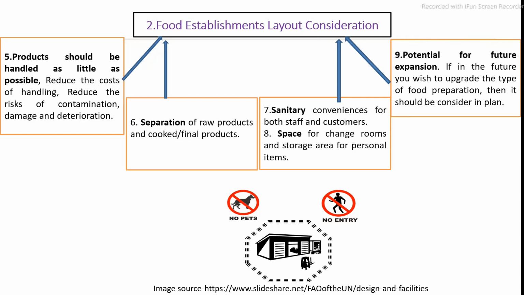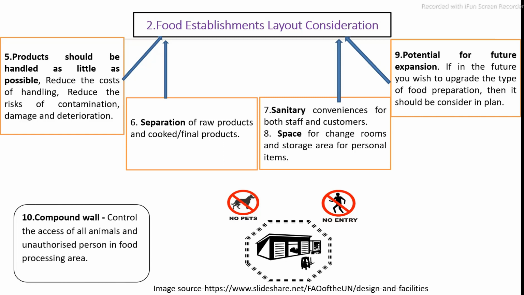With respect to the layout, we should consider some points: the future expansion of our industry, then specific facilities requirement in the industry, then storage and dispatch facilities with specific requirements with respect to good hygienic practices, and the processing line set in order to reduce the minimum handling of the product.